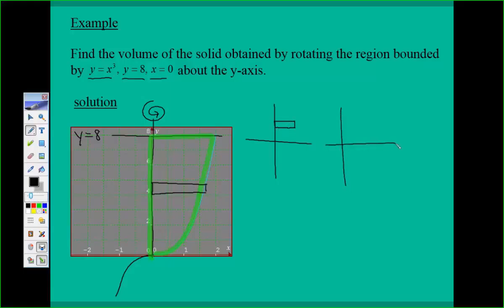If I'm rotating around the x-axis, this rectangle is perpendicular to the x-axis. So in this case, our rectangle needs to be perpendicular to the y-axis. And then if I label the width, we can see the width is along the y-axis, so it would be delta y.